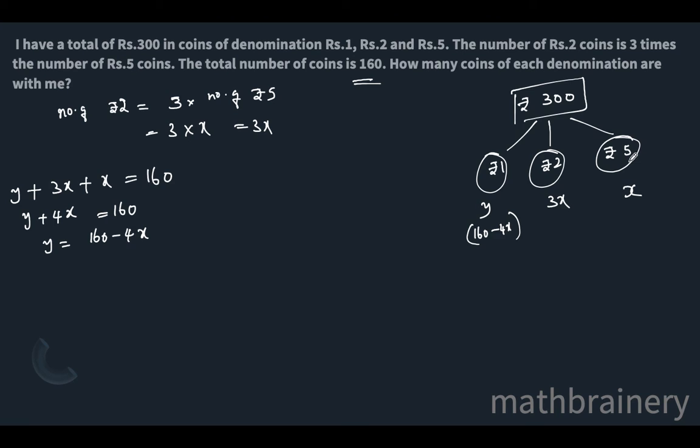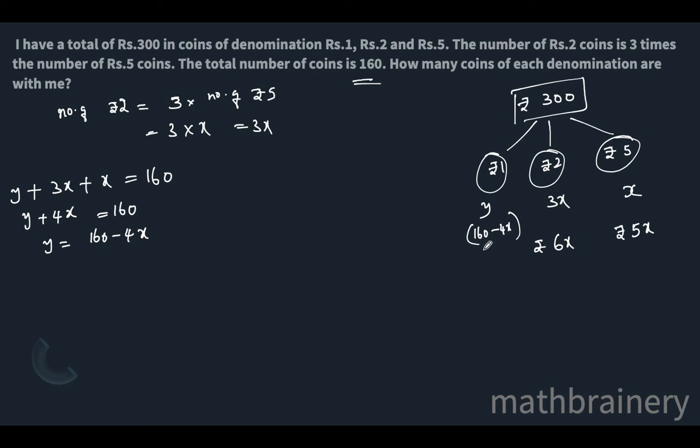Now let us talk about the value. If I have x 5 rupee coins, that means I have x into 5, that is 5x rupees. If I have 3x 2 rupee coins, that means I have 3x into 2, that is 6x rupees.